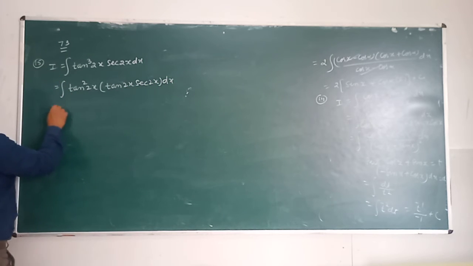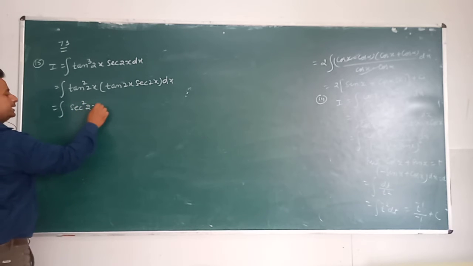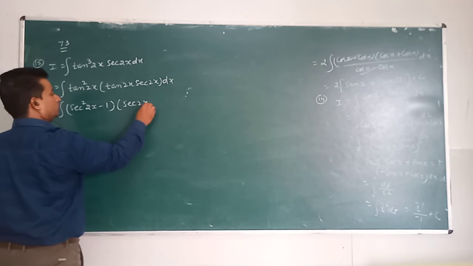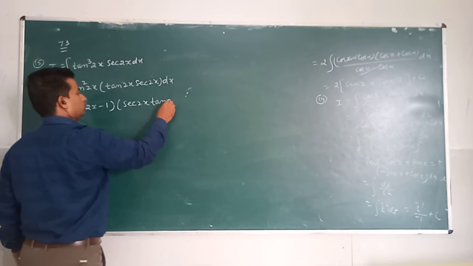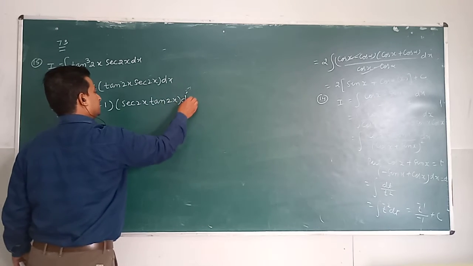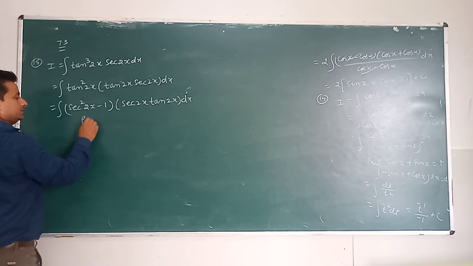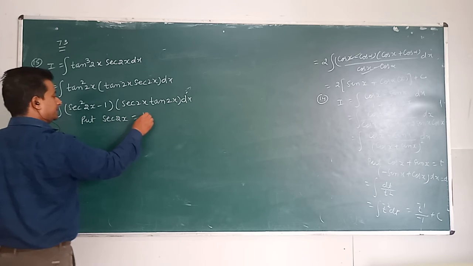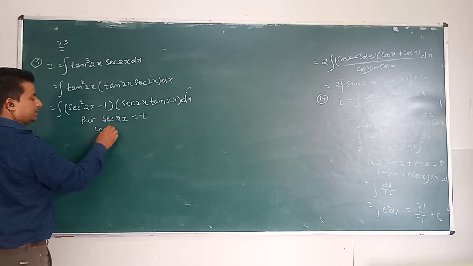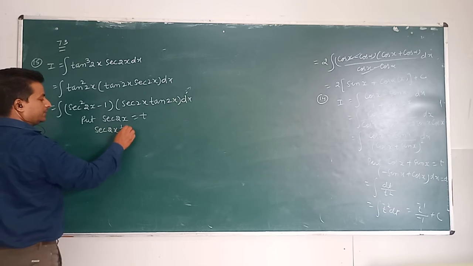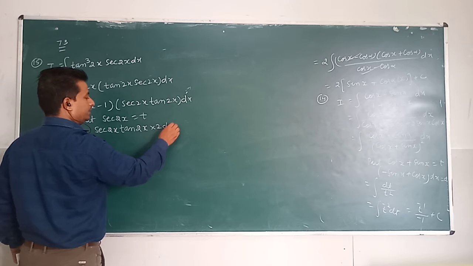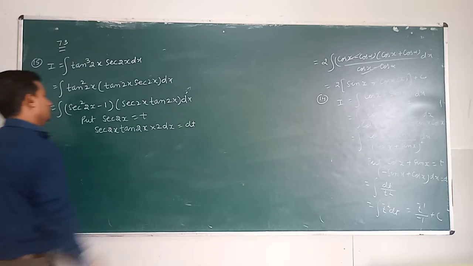First we convert this tan^2 into secant^2 minus 1 and write it as secant 2x into tan 2x. Then we put secant 2x equals t. So its derivative is secant 2x tan 2x, derivative of angle is 2, dx is dt.